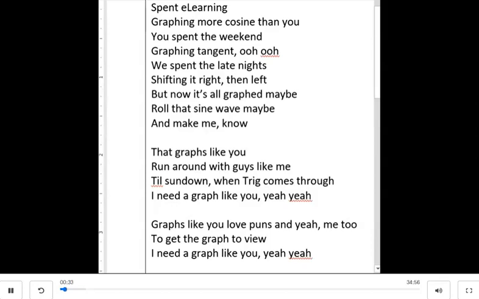Roll that sine wave, maybe, and make me know that graphs like you run around with guys like me till sundown. Trig comes through. I need a graph like you, yeah, graphs like you. Love puns and yeah, me too, to get the graph to view. I need a graph like you, yeah.